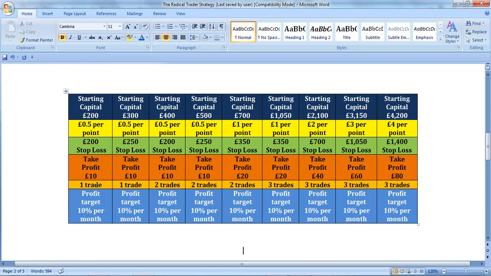So you will still be in trade. Even if your account is under 210 pounds, you are still in trade. Don't panic. It will come back in your favor.